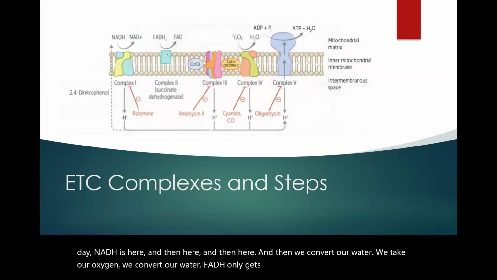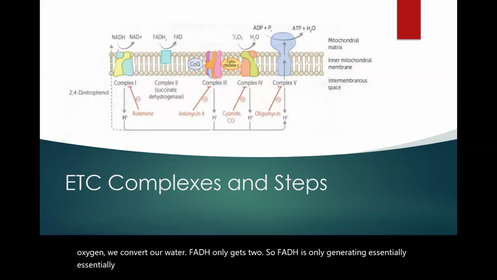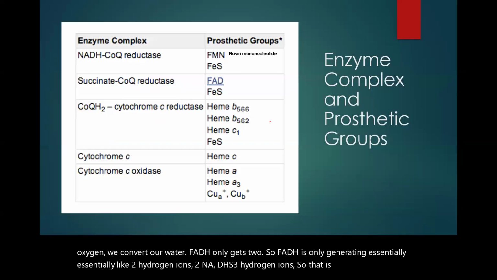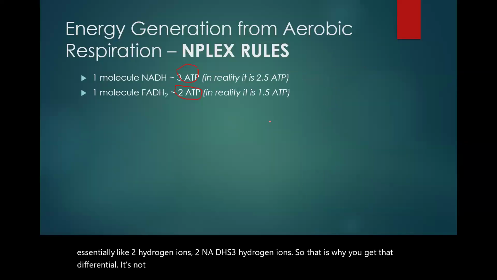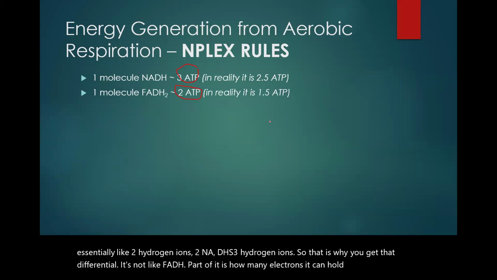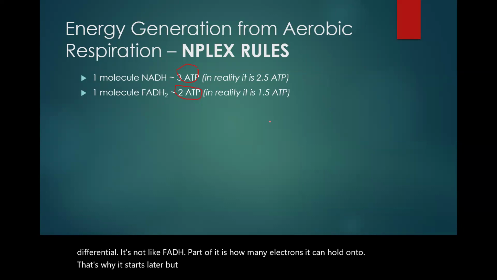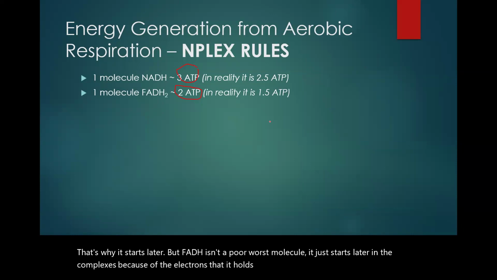So FADH is only generating essentially like 2 hydrogen ions, while NADH is 3 hydrogen ions. So that is why you get that differential. Part of it is how many electrons it can hold on to. That's why it starts later. But FADH isn't a poorer or worse molecule. It just starts later in the complexes because of the electrons that it holds. Okay. So that's our differential.